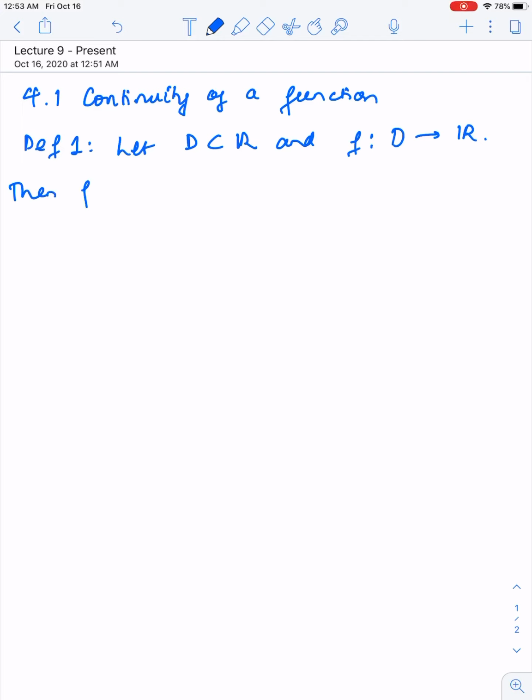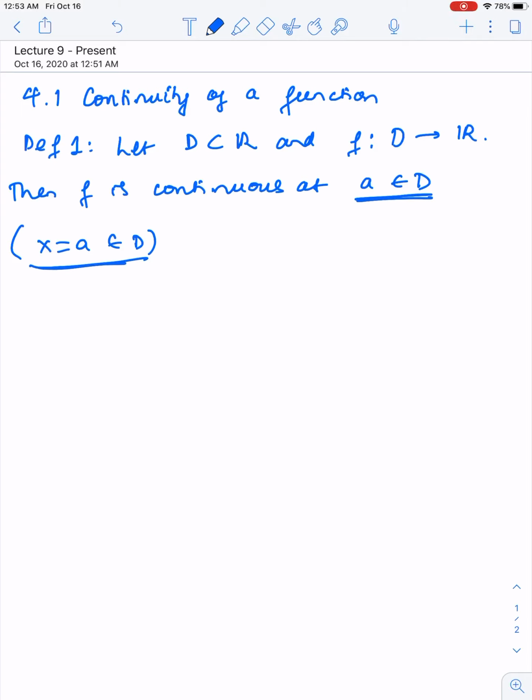Then f is continuous at A. This is a point in D, or I occasionally write x equal to A belong to D. This is how the book writes, and this is how I usually write.